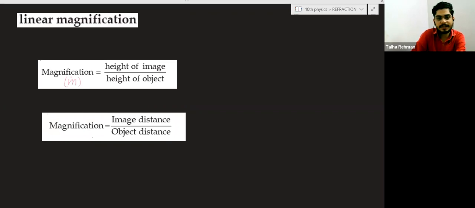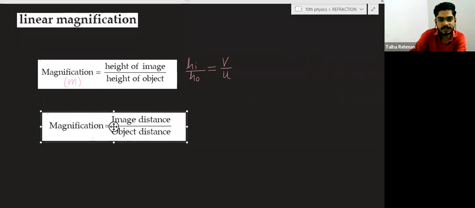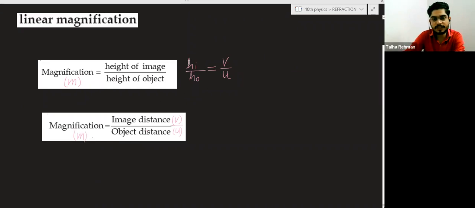This magnification is equal to height of image divided by height of object, and this is also image distance divided by object distance. So just note all the points. Image distance is V, divided by U. In numericals, we will use both these formulas.